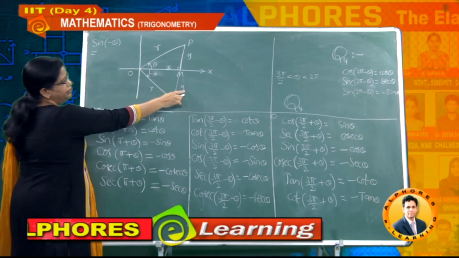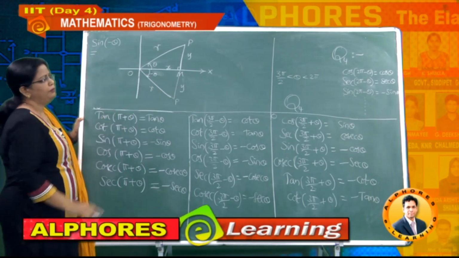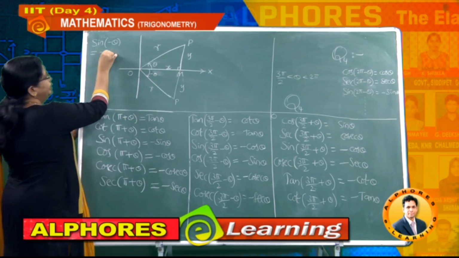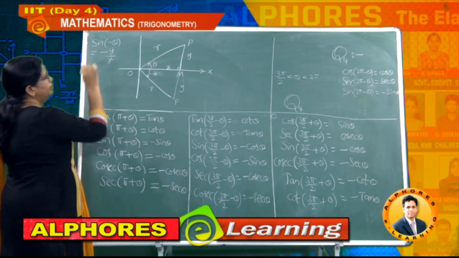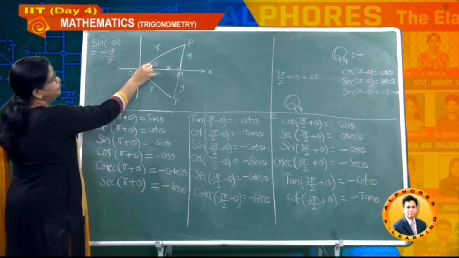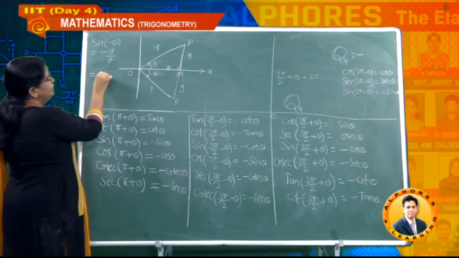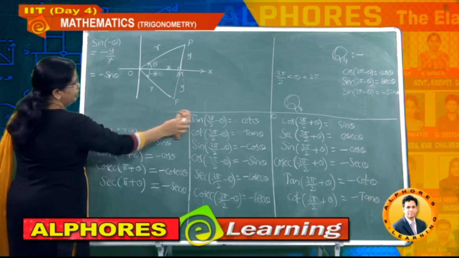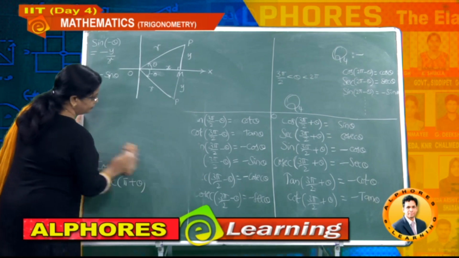You observe opposite side divided by hypotenuse, but in the fourth quadrant these Y values are negative, and hence we should write minus Y by R. And this value in terms of the acute angle is minus sin theta. So sine of minus theta, how much did you get here? It is minus sin theta.